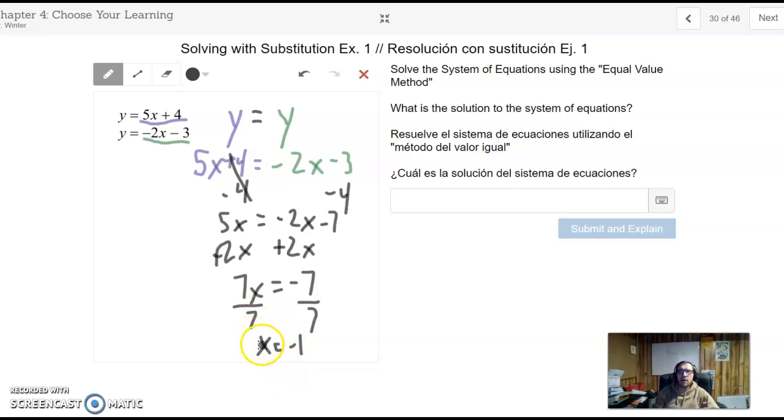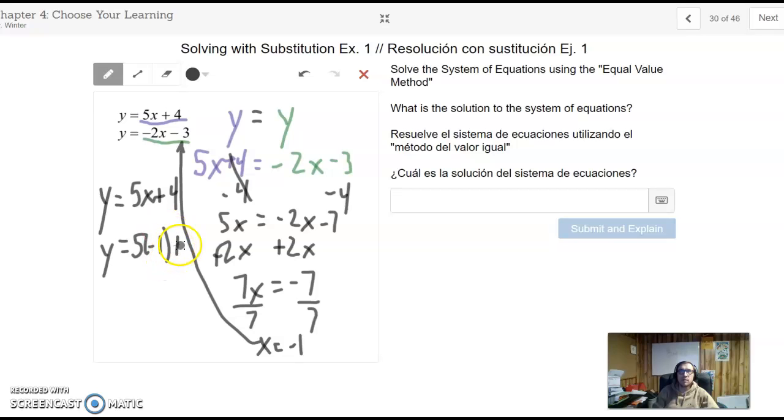I need to now back substitute by plugging it into one of these equations. So, if I plug negative 1 in for x in 5x plus 4, what happens? y equals 5 times negative 1 plus 4. 5 times negative 1 is negative 5.